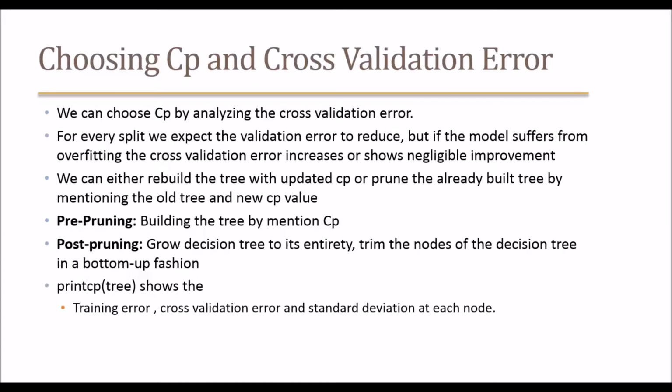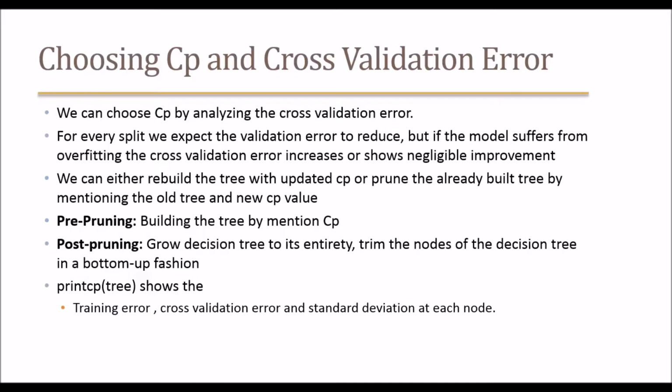Just to avoid overfitting, we should not build a very simple tree that doesn't even have the minimum required accuracy. We should not fit a model that is just 60% accurate. So we need to choose the complexity parameter a little smartly. So how do we do that?